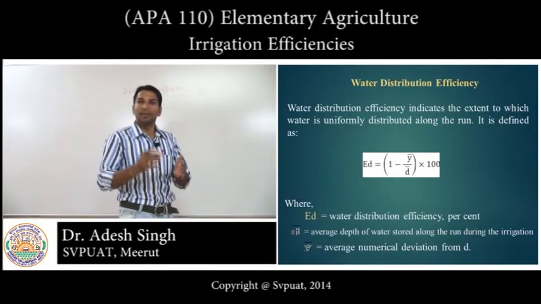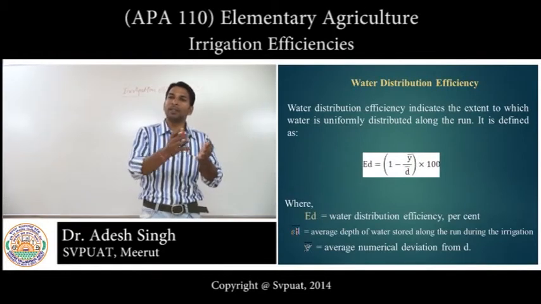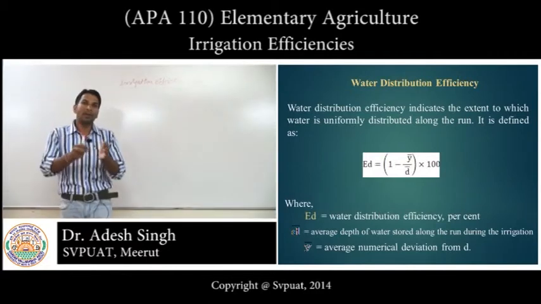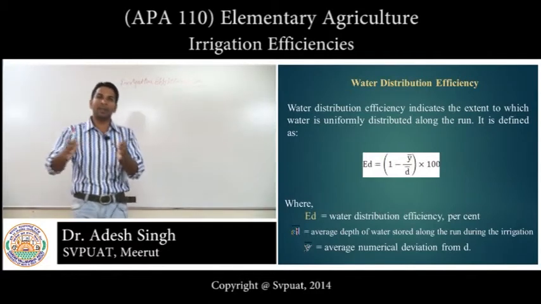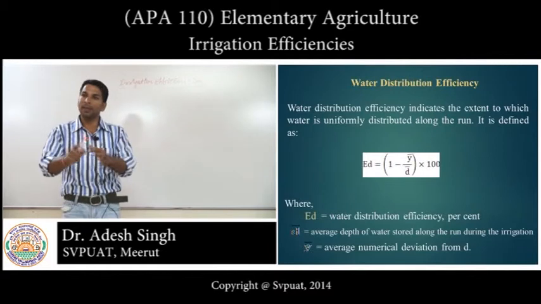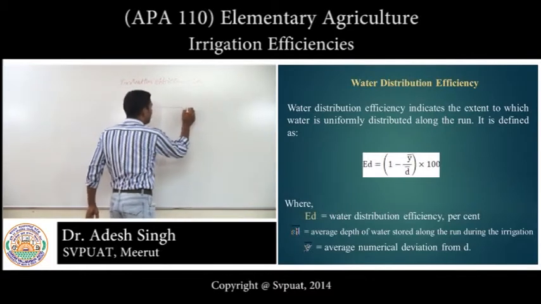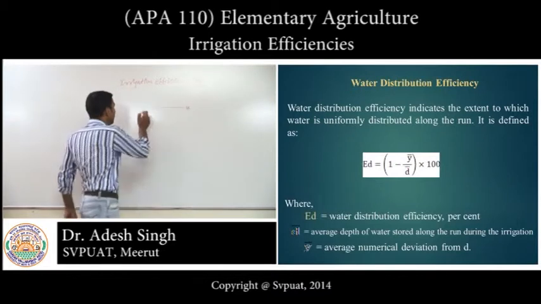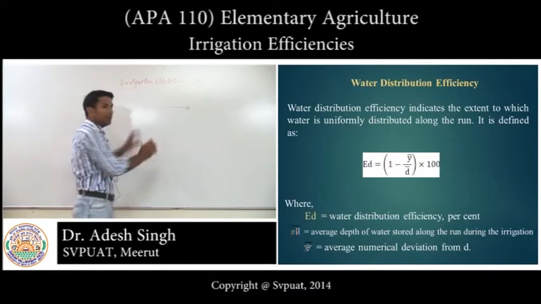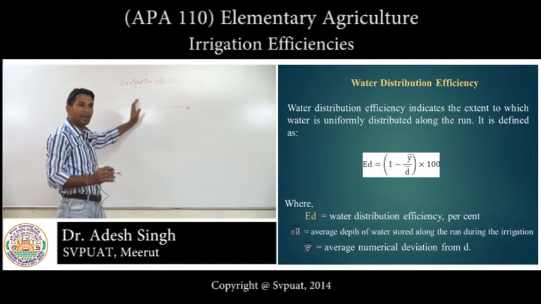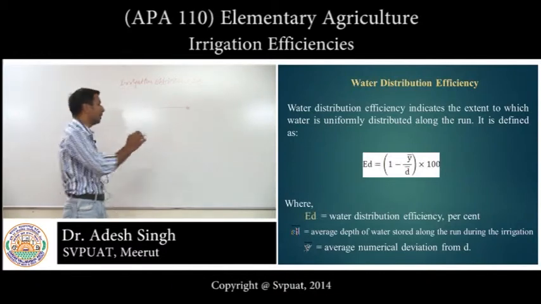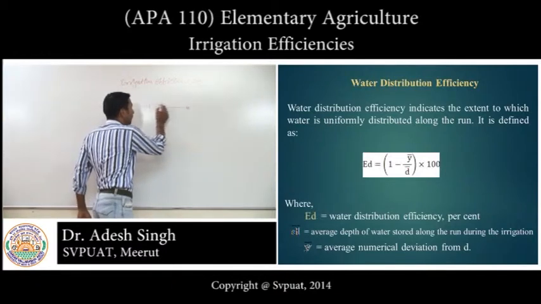Because in the surface irrigation method, it matters for how much time the water is applied in the field. Say, for example, if this is the soil surface, and this is the upper reach, water is applied in the field through the surface method from here.